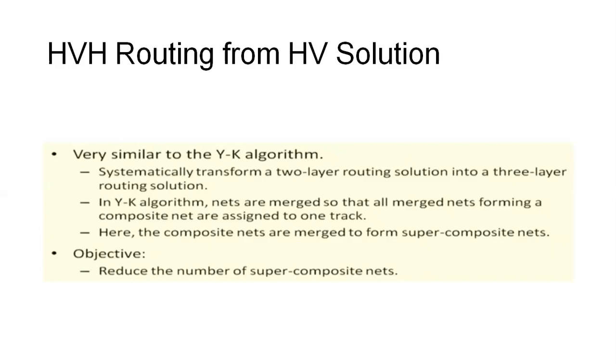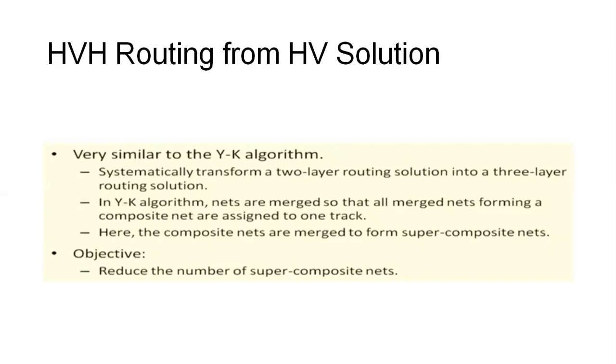I can consider them as two composite nets, and I can run them together in two layers. So the concept is something like this. In the conventional net merge algorithm, we merge the nets so that the nets which are merged are assigned to a single track on a single layer. But here, such composite nets, we are again trying to merge them to form a super composite net.